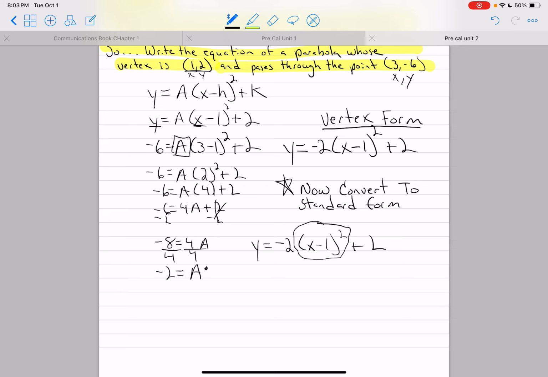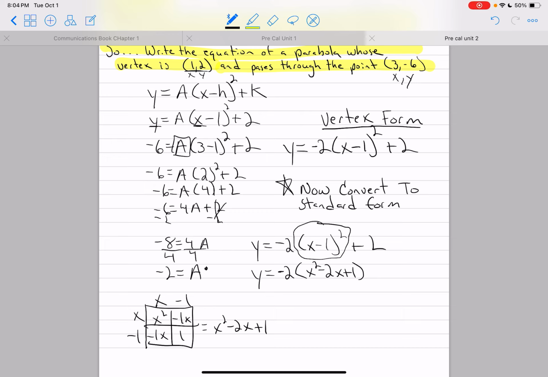So that is (x minus 1) times (x minus 1), x squared minus 1x minus 1x plus 1. So that is x squared minus 2x plus 1. So y equals negative 2 times (x squared minus 2x plus 1) plus 2.